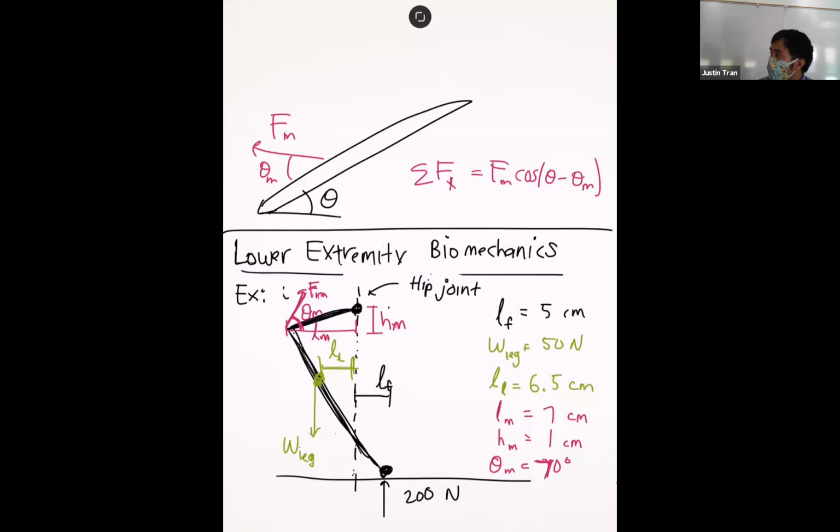And so this angle right here is actually with respect to the horizontal. So this is a little bit different, and I do want to point that out, because normally when I give you theta M, it's with respect to a limb. The hip joint is a little bit unique in that we don't have an entire limb here that we're defining against. Normally it's more customary to define this with respect to the horizontal.